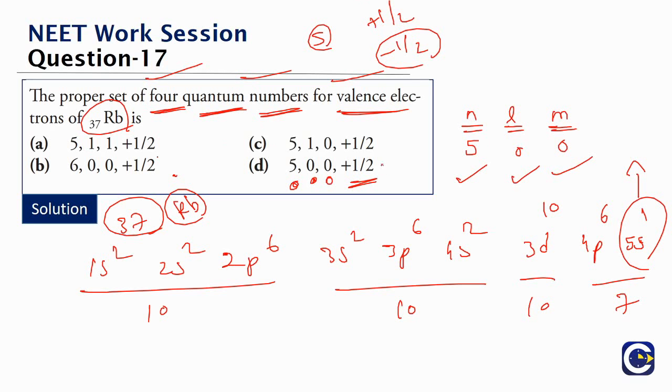Here the spin quantum number is plus half, which is permissible. So the correct answer is option D. Principal quantum number is 5, azimuthal quantum number is 0 because it is the s subshell, magnetic quantum number is 0 because the s subshell will only have one orbital, and the spin quantum number has a permissible value of plus half.